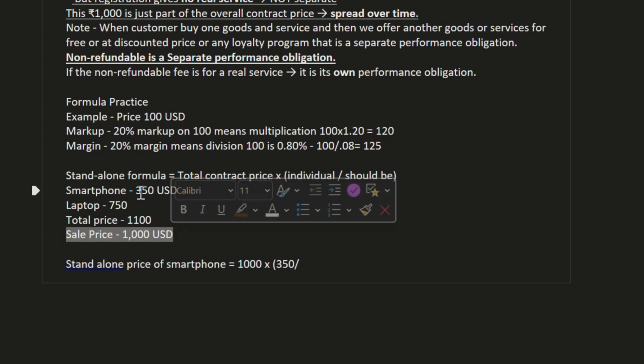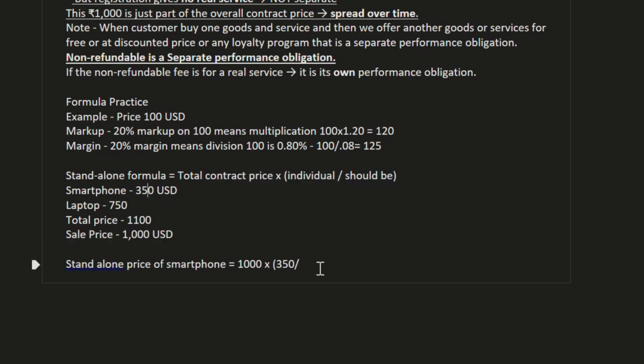We just add 350 plus 750, which is 1100. Rounded, 318 will be our standalone price of the smartphone.